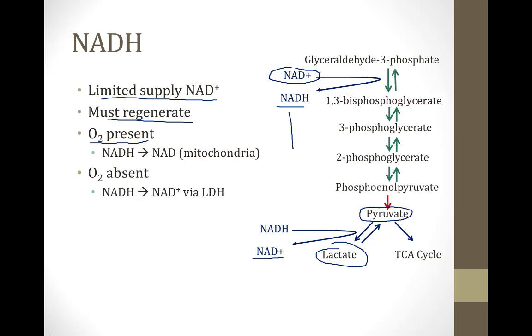The NADH can go to the mitochondria and engage in oxidative phosphorylation that will generate lots of ATP and it will regenerate the NAD. However, if O2 is not present, then the TCA cycle and oxidative phosphorylation are not available. In this case, the conversion of pyruvate to lactate is very important for regenerating the NAD molecules that the cell needs in order to keep conducting glycolysis.